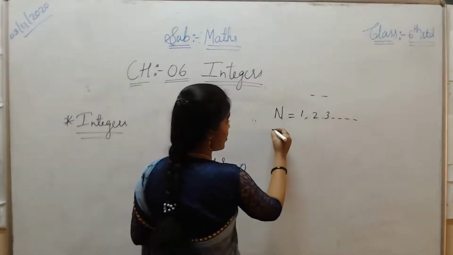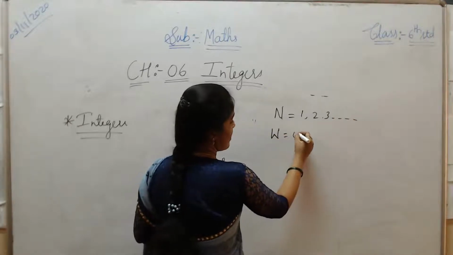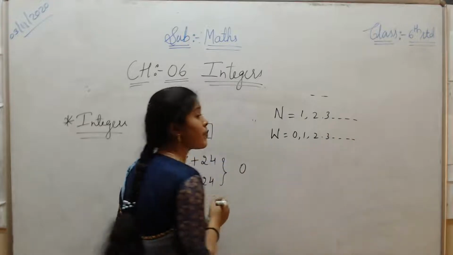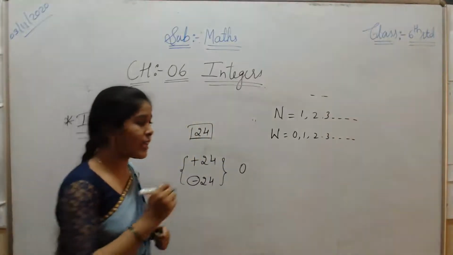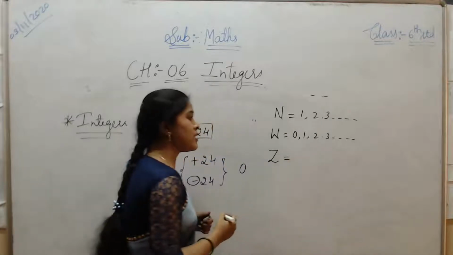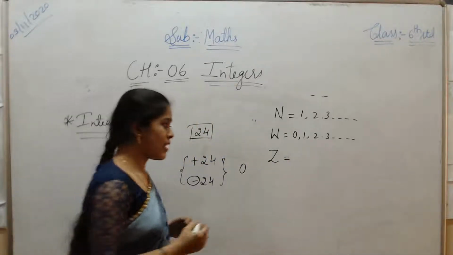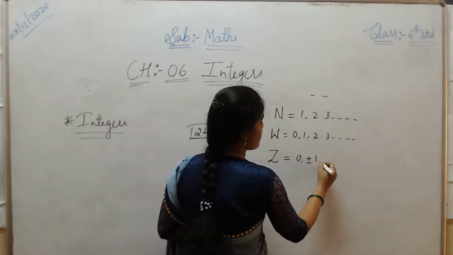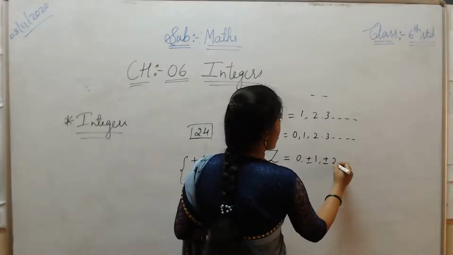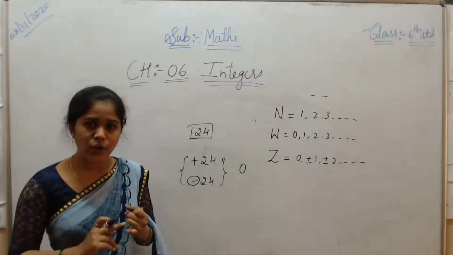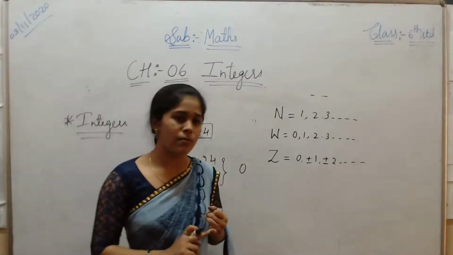Whole numbers start with 0, 1, 2, 3 and so on. Integers are denoted by I or Z. The integers are 0, plus or minus 1, plus or minus 2 and so on.